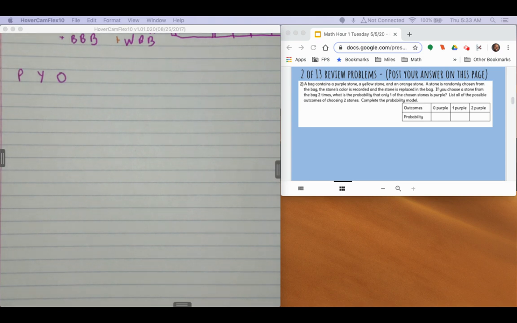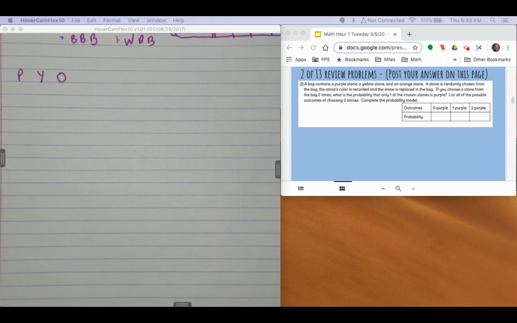The stone's color is recorded, and the stone is replaced in the bag. If you choose a stone from the bag 2 times, what is the probability that only one of the chosen stones is purple? List all the possible outcomes of choosing 2 stones. Complete the probability model. Okay.